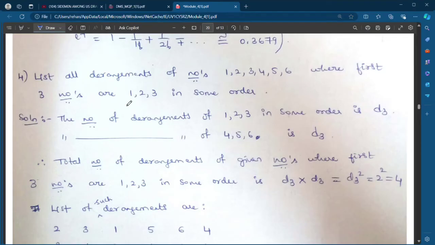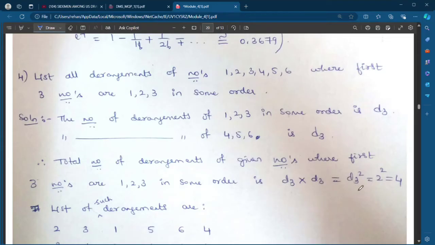Then list all the derangements of the numbers 1, 2, 3, 4, 5, 6, where the first 3 numbers are 1, 2, 3 in some order. The number of derangements of 1, 2, 3 in some order is D3, and the number of derangements of 4, 5, 6 is D3. The total number of derangements of the given numbers, where the first 3 numbers are 1, 2, 3 in some order, is D3 times D3, which is D3 squared, which is 2 squared, which equals 4.